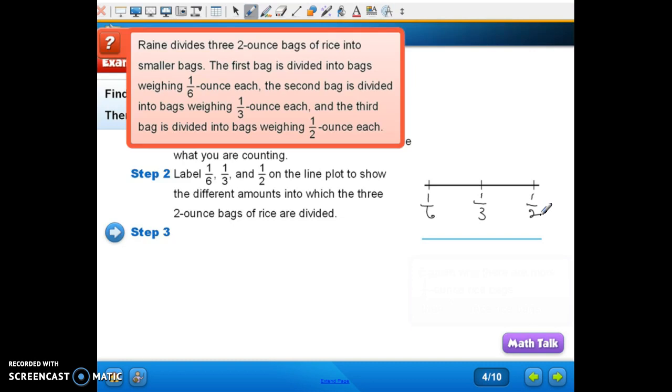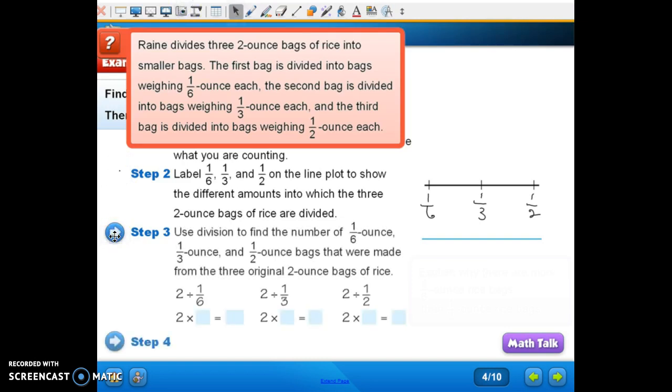So it says the first bag she divides into bags weighing 1/6 pound. So we labeled the 1/3 on step 2. We labeled the 1/6, 1/3, 1/2. Okay, let's see what they tell us to do in step 3. Use division to find the number of 1/6 ounces.